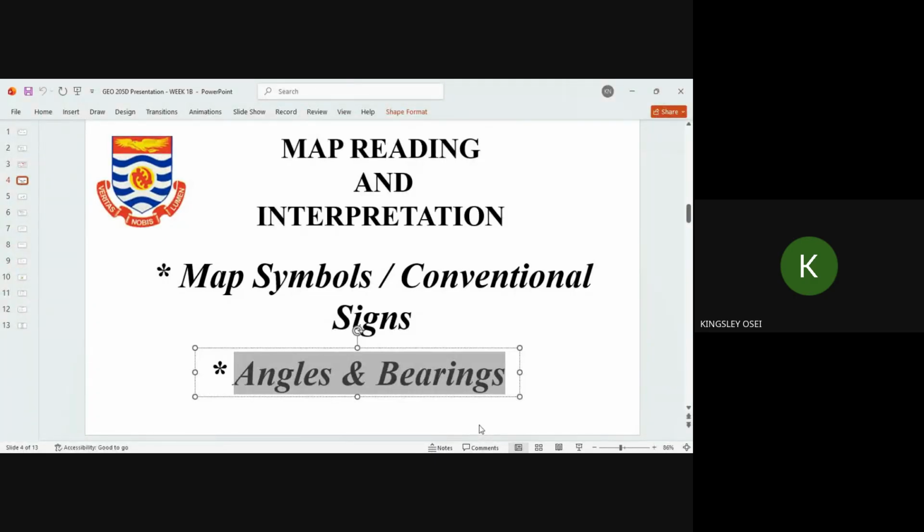So we look at what an angle is. When we speak of an angle, we are talking of the arc between two intersecting lines.